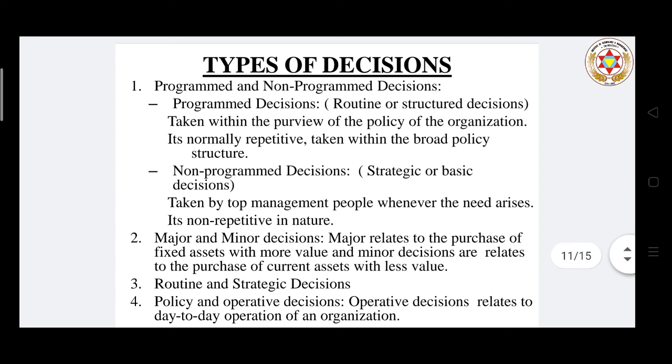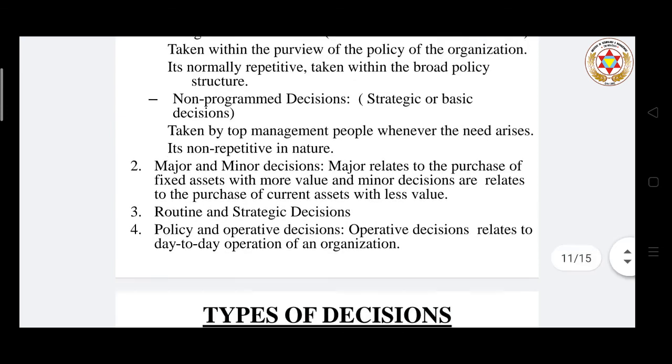So they require lengthy deliberations and large funds and are taken at higher level. Then there is policy and operative decisions. Policy decisions are related to the policies, and the operative decisions are related to the day-to-day operation of the organization.